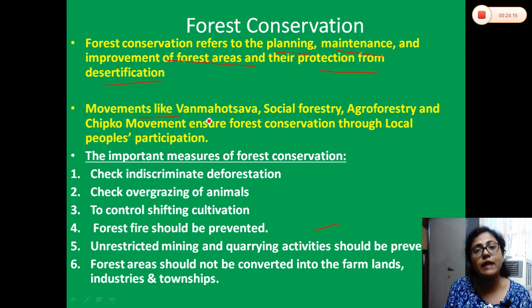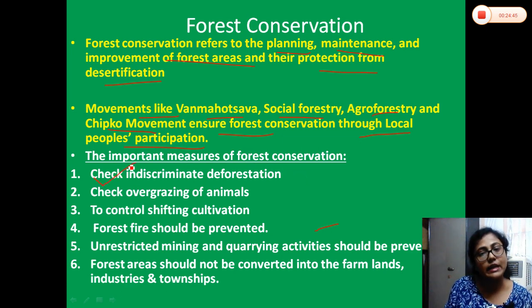So movements like Van Mahotsava, social forestry, agroforestry, the Chipko movement, you know about this, ensure forest conservation through local people's participation. Local people's awareness and participation is very important. If they are aware about the forest, then the forest can be conserved.